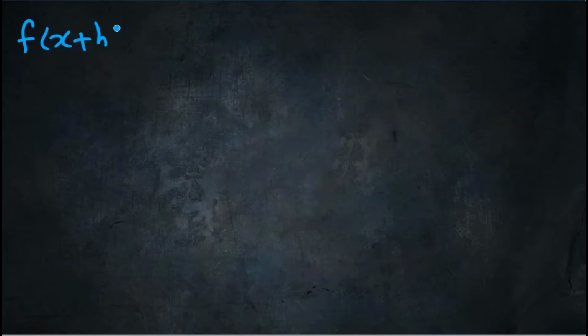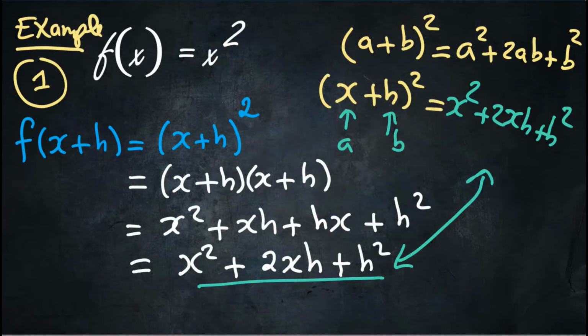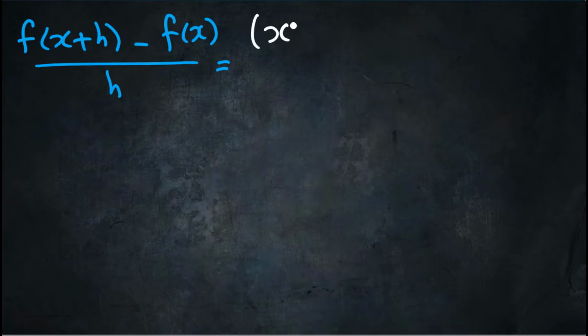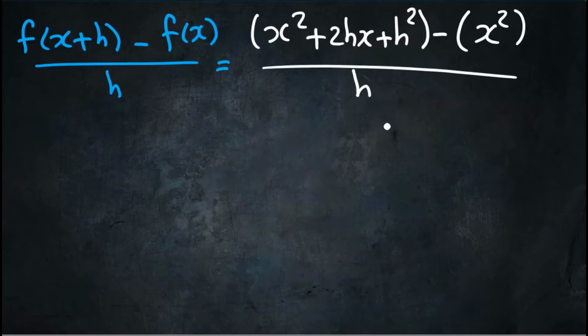Now that we have f of x plus h, we need to find f of x plus h minus f of x and then divide it by h. F of x plus h is x squared plus 2xh plus h squared. So x squared plus 2hx plus h squared minus f of x, x squared, divided by h.